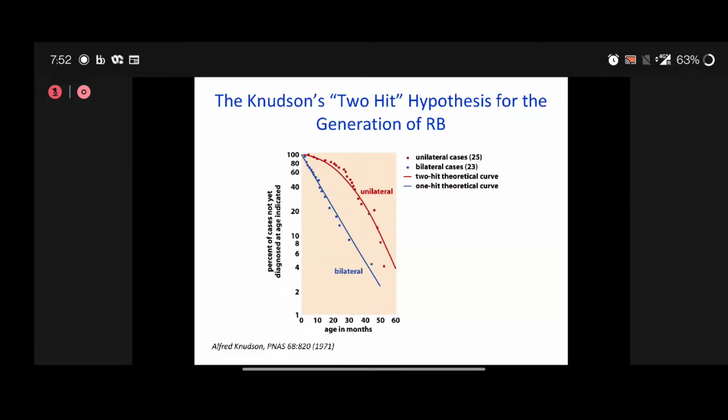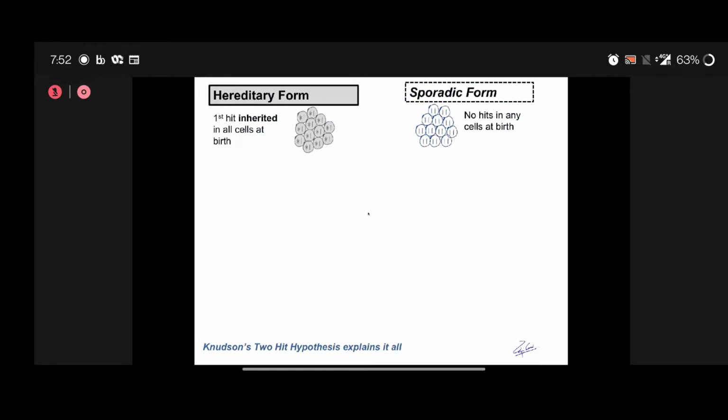This is also what we do in radiation oncology in the linear quadratic model. So how did he explain that? Imagine there are two forms of cancer, nothing to do with retinoblastoma, any hereditary cancer. As I said, except for the rare exception of proto-oncogenes causing hereditary cancer, like RET or some other, almost all hereditary cancers are because of tumor suppressor genes.